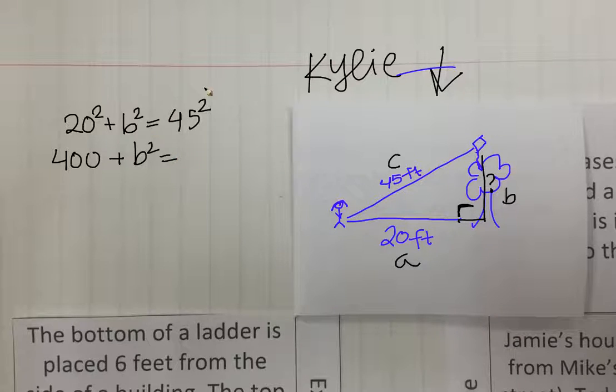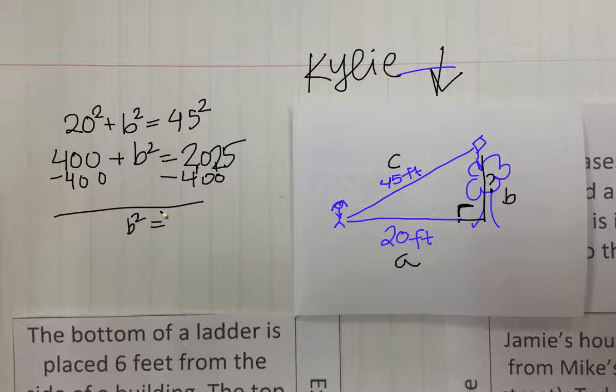And 45 times 45 is 2025. Now we just need to solve for b. I get b squared equals 2025 minus 400 is 1,625.